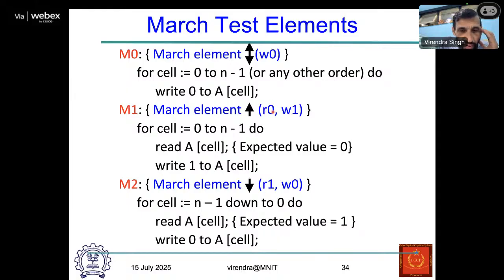First I will read 0. Read 0 means I will read the value of the cell and check against value 0 whether it is holding value 0 or not. And again I am reiterating that if I am able to read 0, it will rule out the possibility of having stuck at 1 fault in that particular cell.